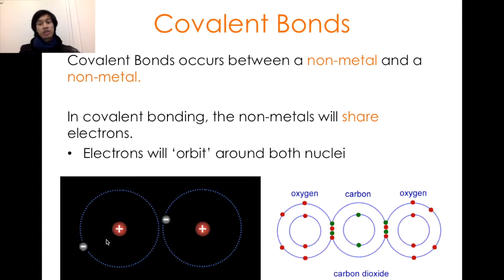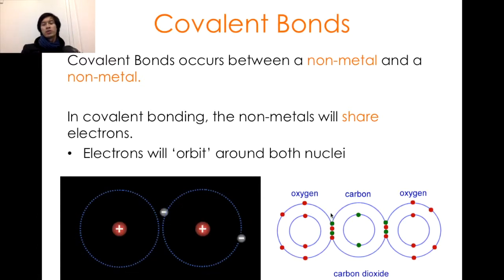Okay, here's another example. So if you have carbon and oxygen, some of the electrons are going to orbit around both atoms. Others aren't. Okay, so in this particular case here, carbon has 4 in its outer shell, which is represented by the green dots in the outer shell, and oxygen has 6 in the outer shell. 1, 2, 3, 4, 5, and 6.